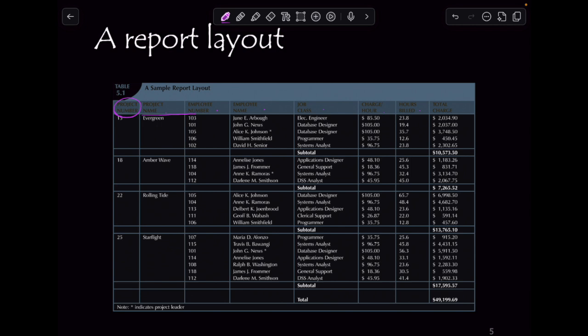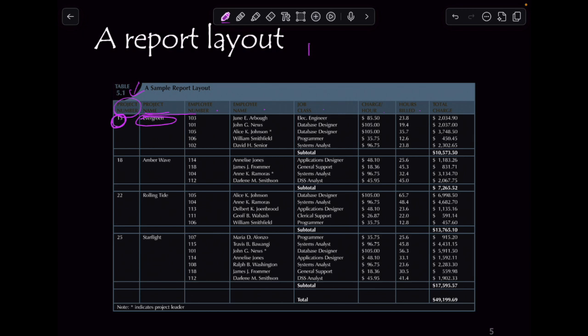Let's say there is a project number. If I give you project number 15, what can you determine? Can you determine the project name? Yes. What is the value of the project name? Evergreen. Can you choose more than one value, like Evergreen and some other names? No. There is only one name you can choose if I give you one project number.